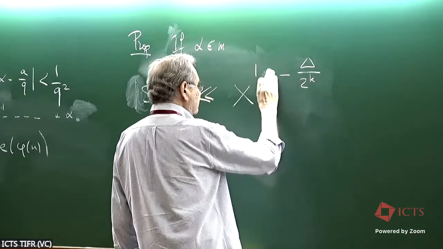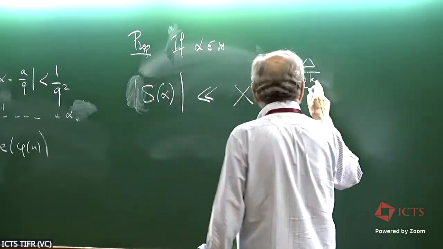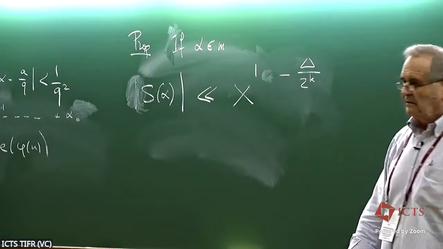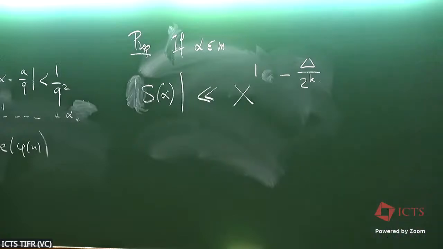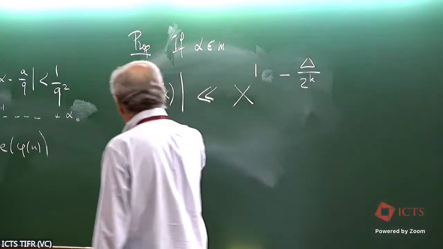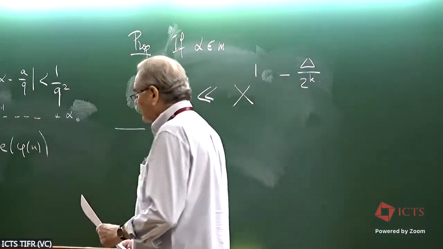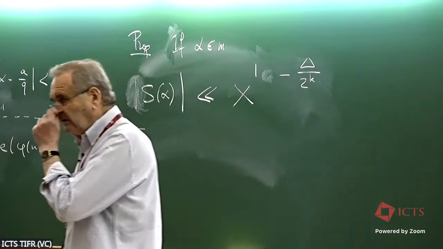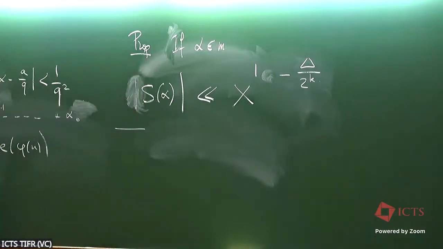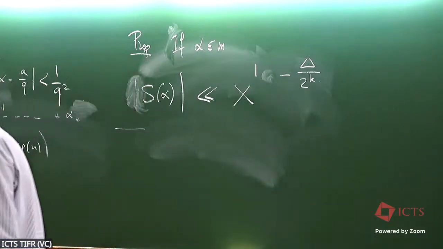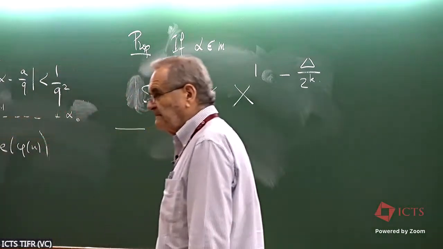And if I want to get rid of the delta, instead of putting k minus 1, I put k. This will be enough. In any case, it is the order of magnitude. Fine. This is just Weyl business. And now you see what can you say out of that? This is the discussion we had about k, 2 to the k.